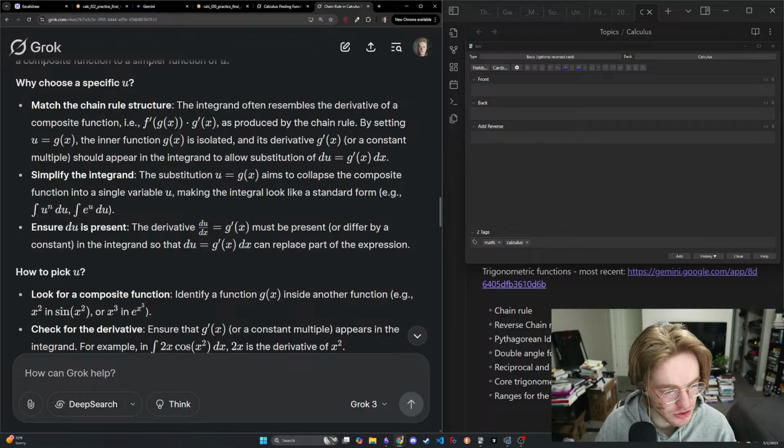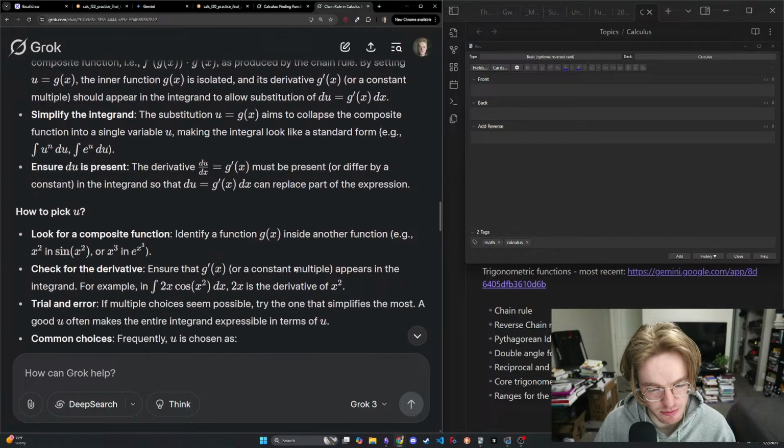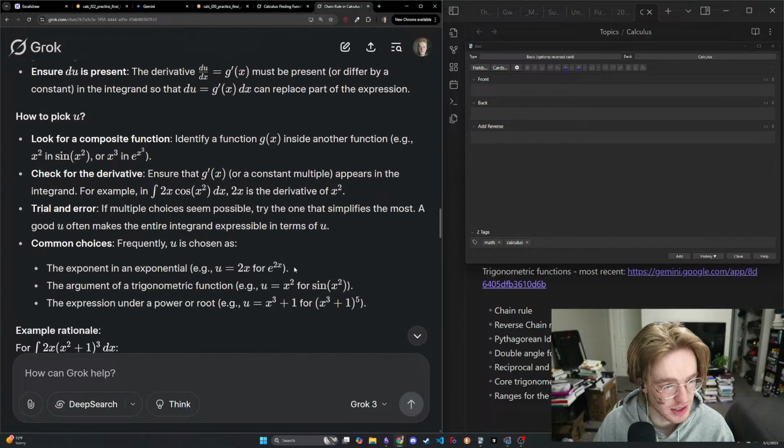Ensure du is present. The derivative du over dx equals g prime of x must be present or differ by a constant in the integrand so that du equals g prime of x dx can replace part of the expression. How to pick u?